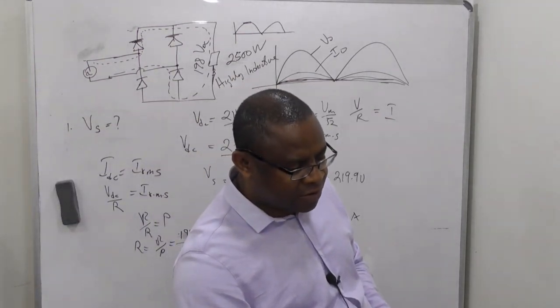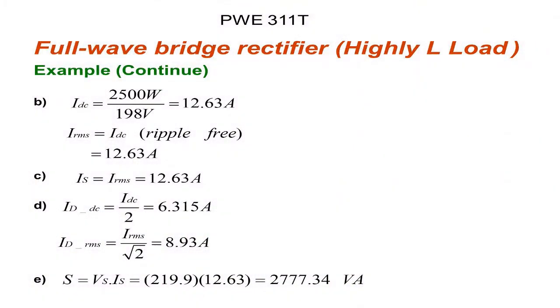Now the next question is to calculate the supply current, and we know that for ripple free, IS is IRMS, which we have calculated to be 12.63. The current through the diode, we said from our previous class, is the DC current divided by 2, so 12.63 divided by 2 gives you 6.315.